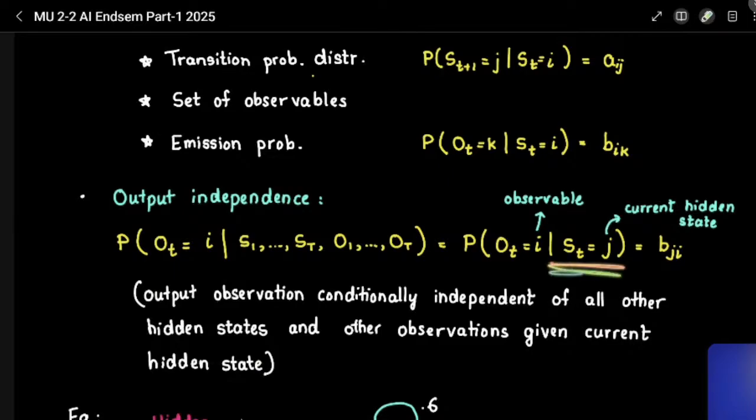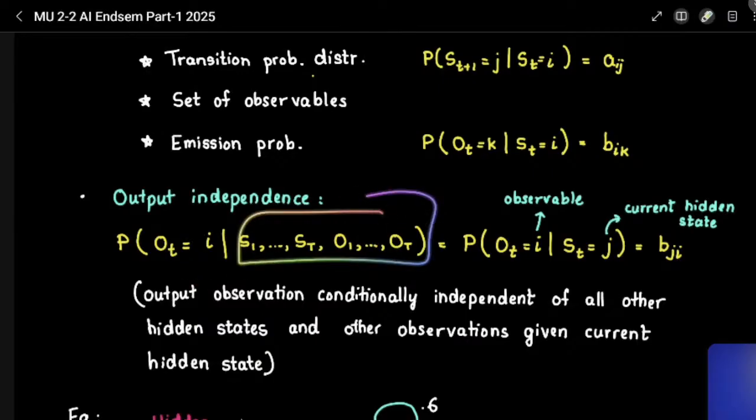If you know that the hidden state is J, it doesn't matter what the previous hidden states were, and it doesn't matter what the previous observations were. Given that you're in a certain state and you've made an observation, it doesn't matter what the previous observations and hidden states were, because from the emission probability matrix you will get this value. So this is the output independence assumption.